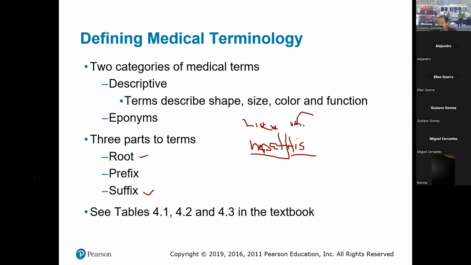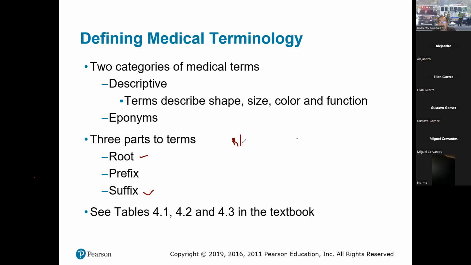So let me give you another example. Rhinitis. Most of you get rhinitis during the winter months. And all rhinitis basically means is inflammation of the nose or the nose structures.